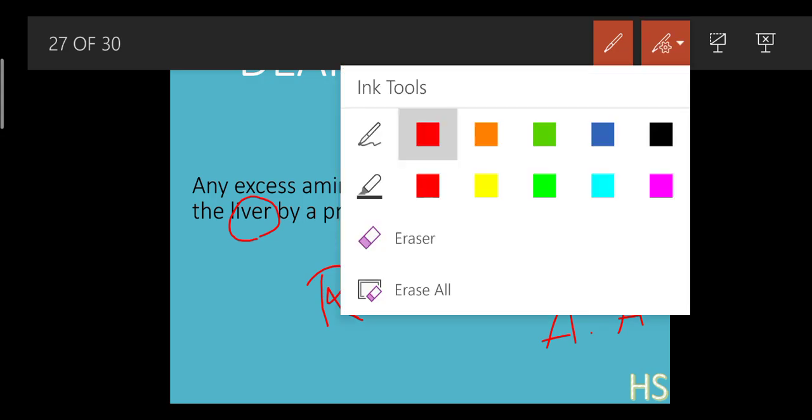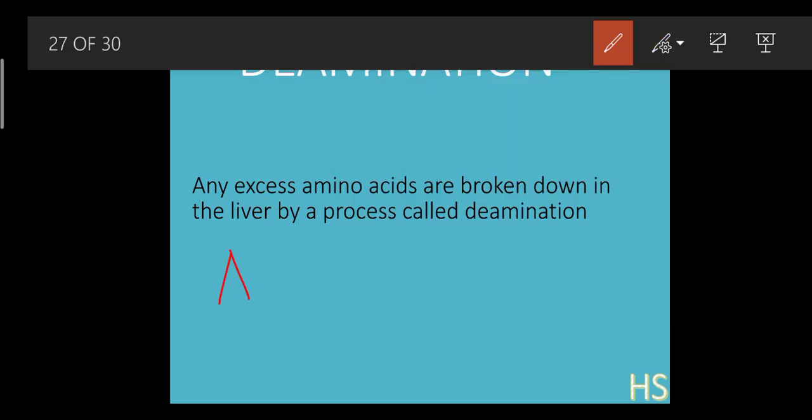So what happens when this breaking down of the amino acids takes place?